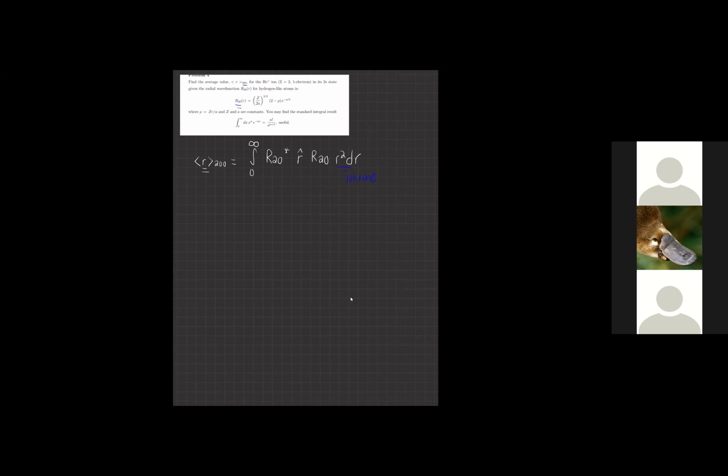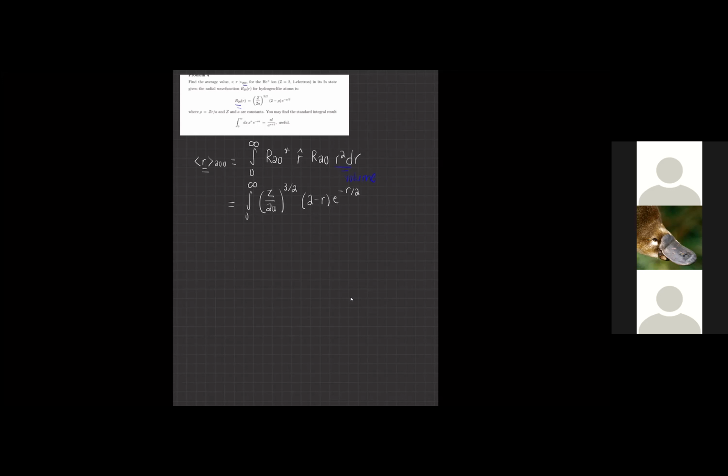So then we simplify those out. So I'm just going to see 0 to infinity, then that's Z over 2a to the 3. Then for anything that's p just means r. So you just put 2 minus r and e to the minus r.